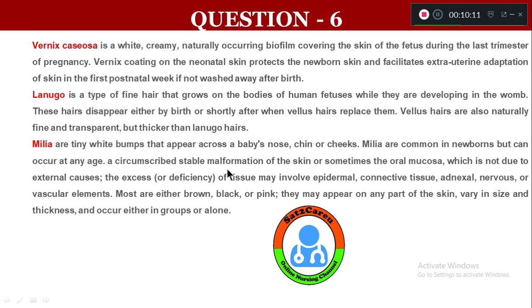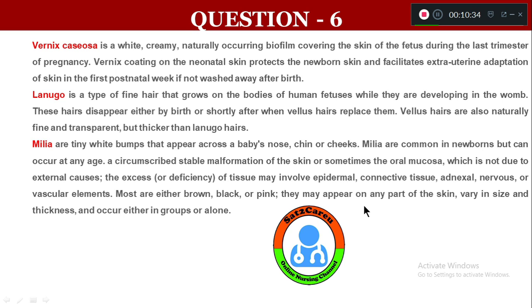A nevus is a circumscribed, stable malformation of the skin, sometimes in the oral mucosa, which is not due to external causes. The excess of tissue may involve epidermal, connective tissue, nerve, or vascular elements. Most are either brown, black, or pink.